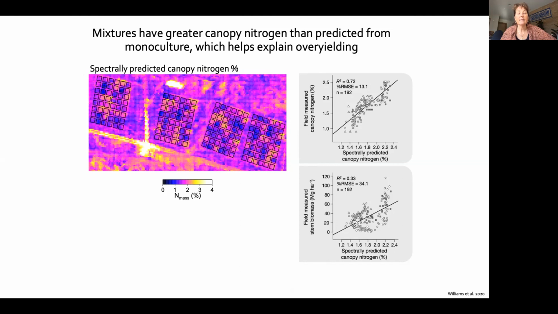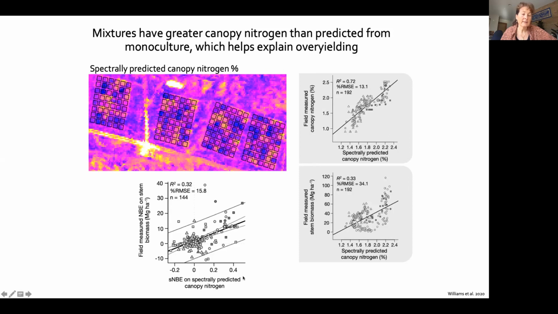Her analysis of that provided a nice explanation for why you get this overyielding, or this higher productivity than expected. It seems that the mixtures are taking more nitrogen out of the ground and are able to put it into their leaves, and that may contribute to their higher productivity in mixture than when species are grown individually in monoculture.